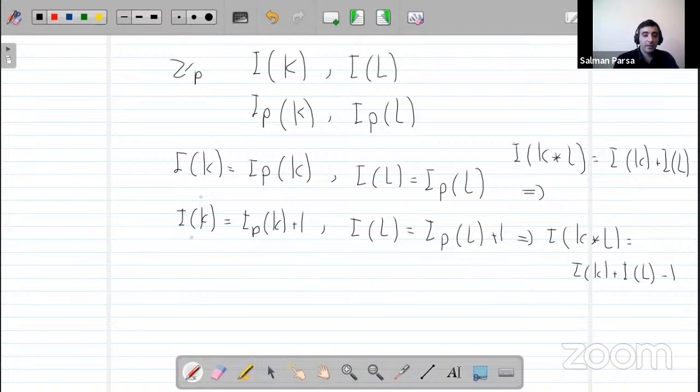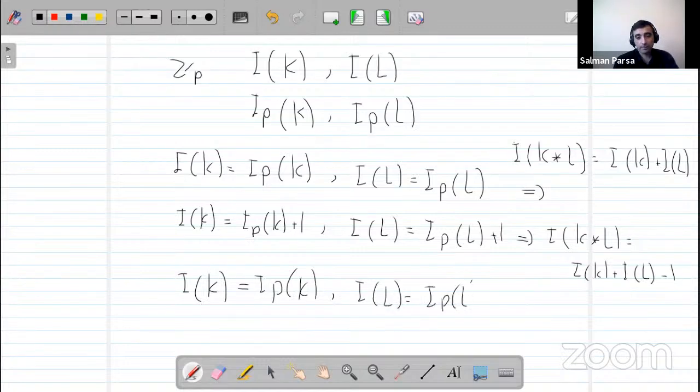And now if one of them is equal and the other one has this deficiency, then both of these can happen. And this actually depends on K. It doesn't depend on this L. So I think I have an example.